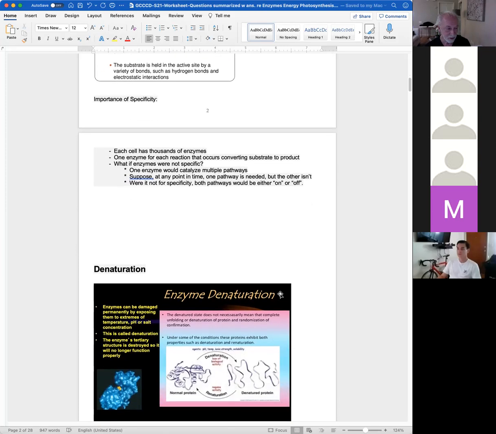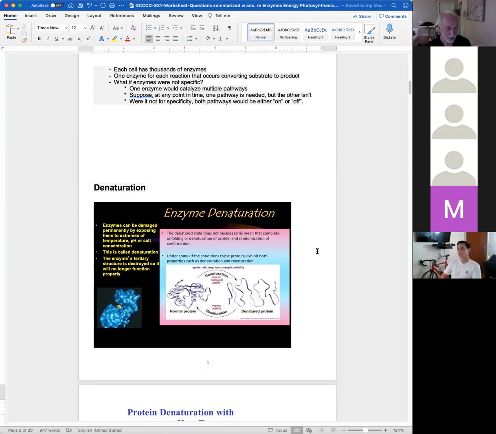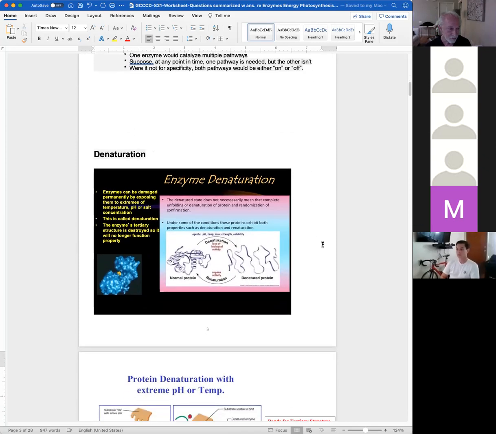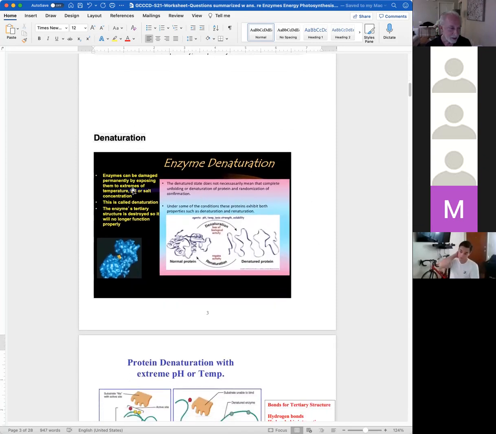Then we'll go on. There were a number of questions about denaturation. Enzymes can be damaged permanently or temporarily by exposing them to extremes of temperature, pH, or salt. This is denaturation. The enzyme's tertiary structure is destroyed so that it can no longer function properly. And you've seen this diagram before, where you have a normal protein twisted and folded into its tertiary shape so that it's active.